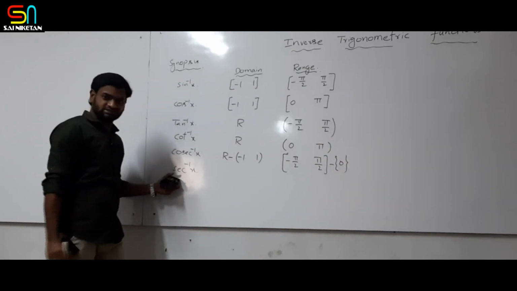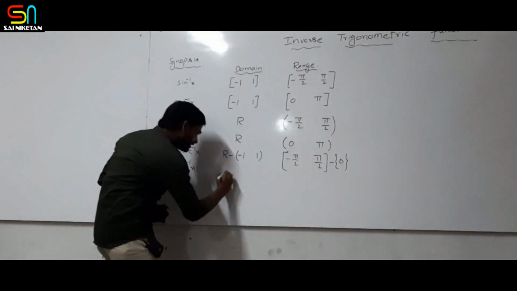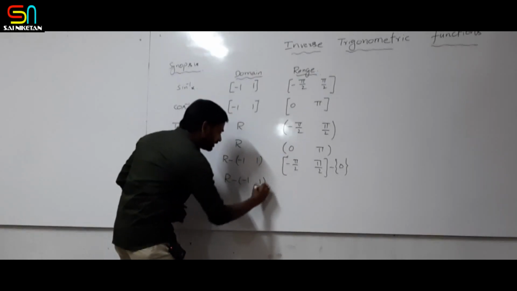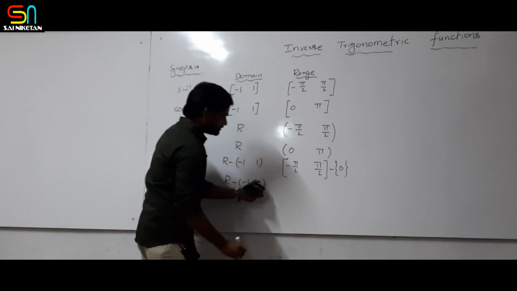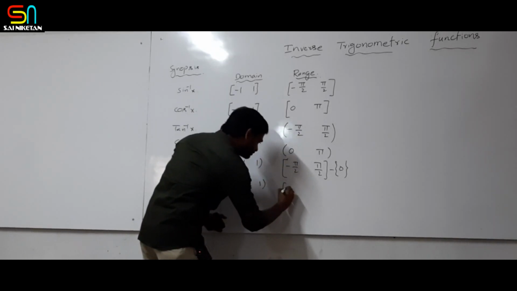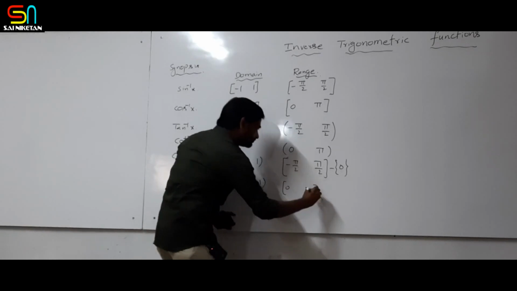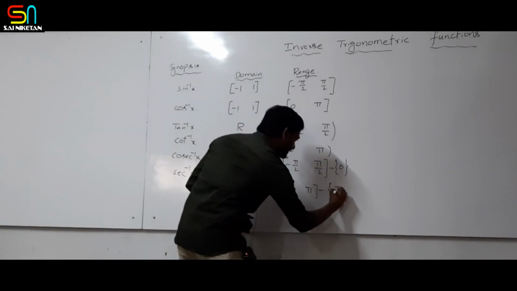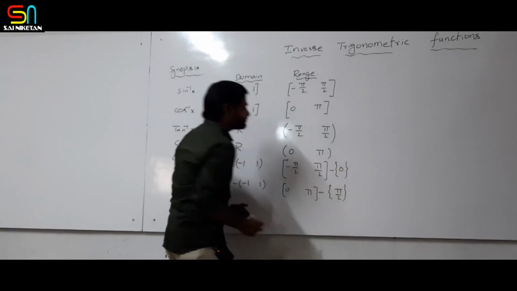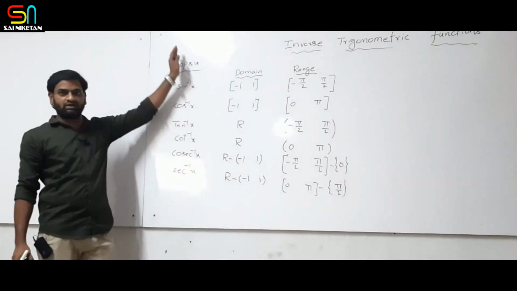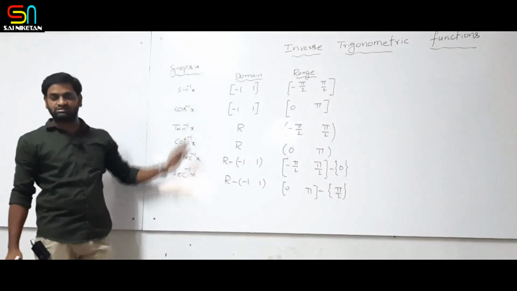For secant inverse x, the domain is R minus the open interval of minus 1 comma 1, and the range is the closed interval of 0 to pi minus pi by 2. These are the domain and the range for the inverse trigonometric functions.